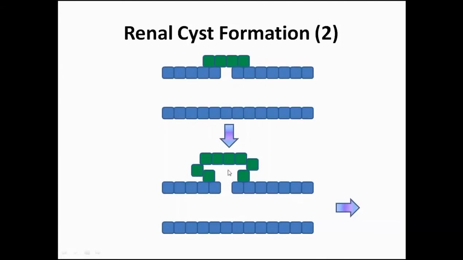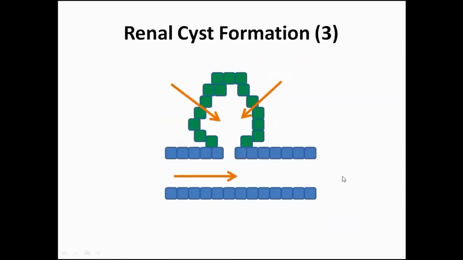And this is really the beginning of the cyst. And this process continues for some time. I'm showing you 4, 8, and after multiple rounds of division, you now have an obvious cyst.